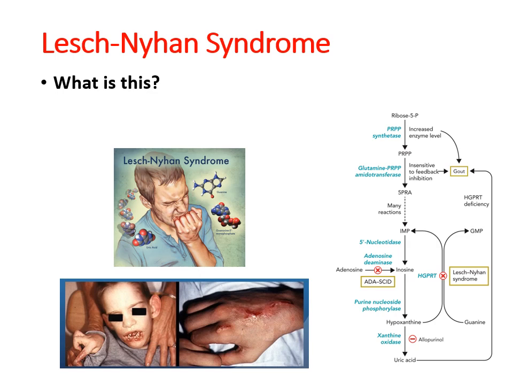Okay, another disease or syndrome that we see from problems in the purine degradation pathway is called Lesch-Nyhan syndrome. And this one is really, really, really sad. It's very rare, so you don't see or hear of it as much as you do something like gout. But basically, this one, the problem is over here in this part of the pathway in the enzyme HGPRT.